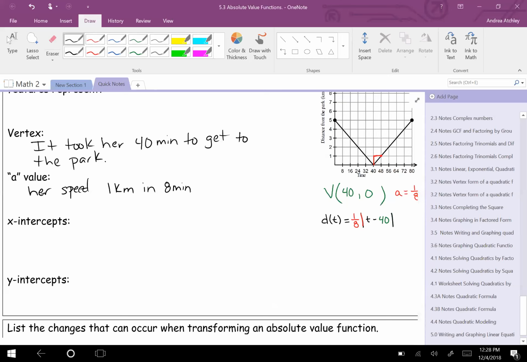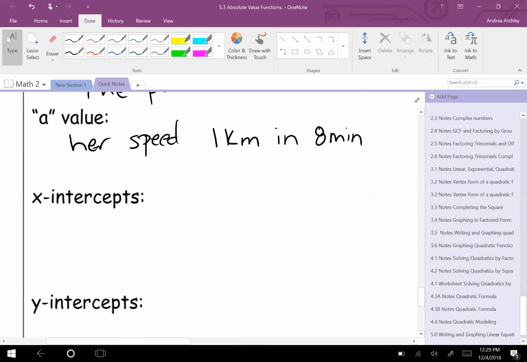It's a little slower. Okay, what about the x-intercepts? We kind of already talked about it, right? Because the vertex is on the x-intercept. The x-intercepts represent when she gets to the park.